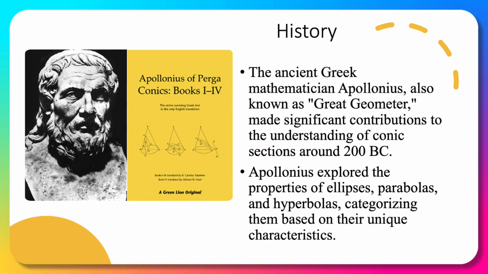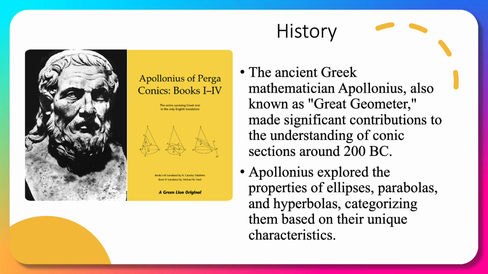The ancient Greek mathematician Apollonius, also known as the great geometer, made significant contributions to the understanding of conic sections around 200 BC. Apollonius explored the properties of ellipses, parabolas, and hyperbolas, categorizing them based on their unique characteristics.